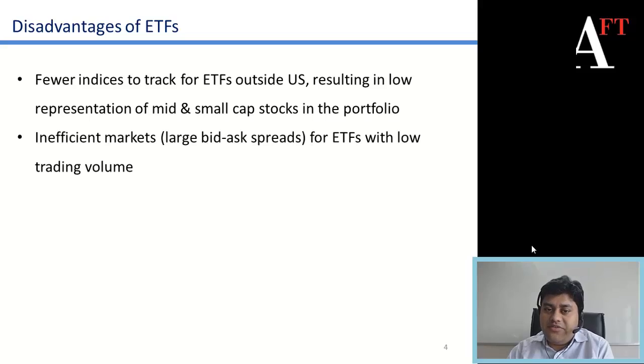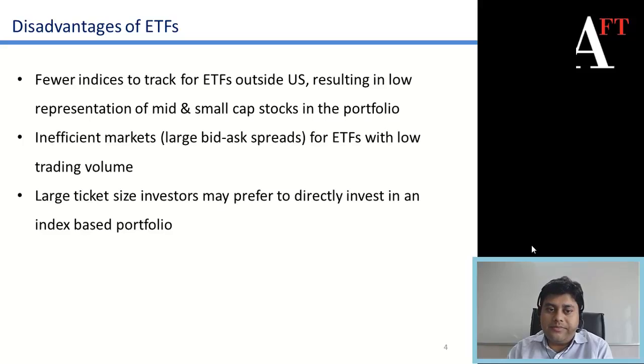Also, in the case of inefficient markets, there would be large bid-ask spreads for ETFs, which could also result from low trading volume, if the markets are not mature enough to handle this kind of investment option. And some large ticket size investors may prefer to invest directly in an index-based portfolio rather than in an ETF tracking an index. In that case, they cut down on the fees and all the risk and returns flow directly to them.